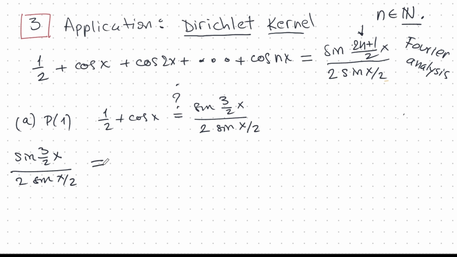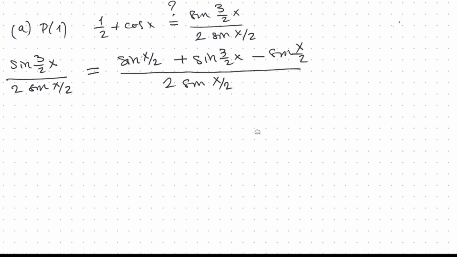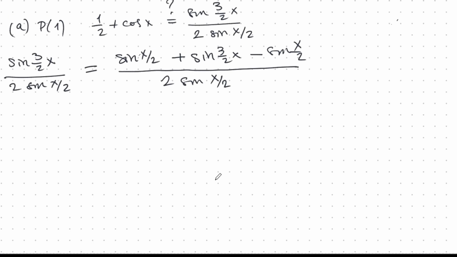I can do some fancy trigonometric transformations here. I'll add a sine x over 2 and subtract a sine x over 2 on the other side, all divided by 2 sine x over 2. This seems to have made it worse. Now what?